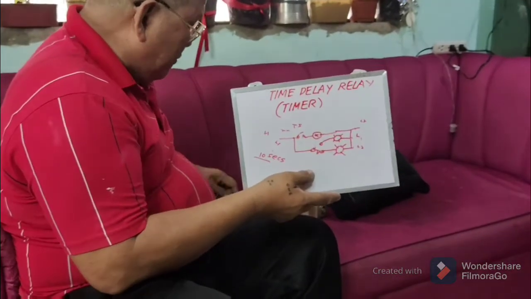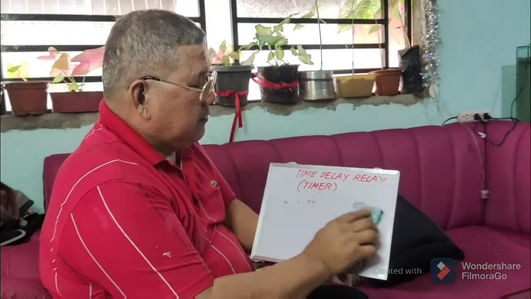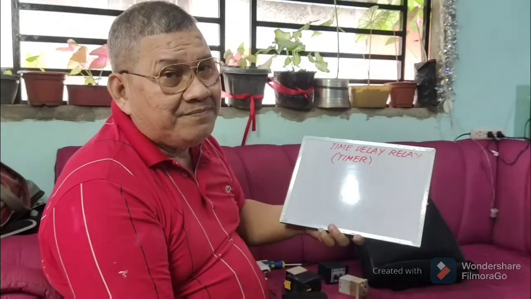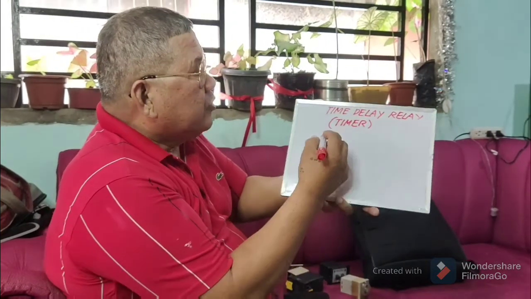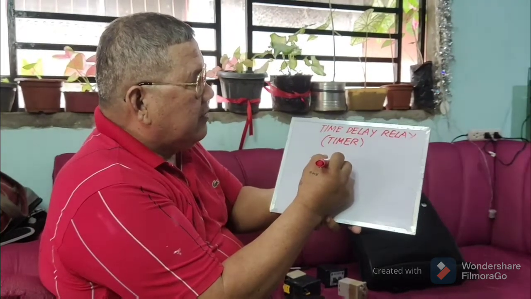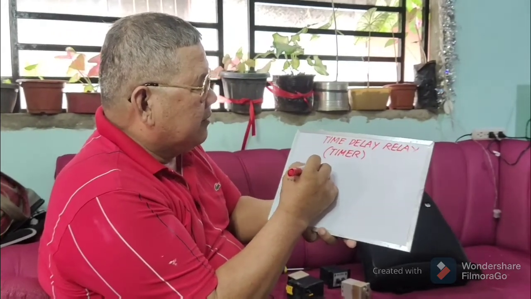Now I will give you a sample. Let us see. Okay. So you have your circuit here. Let us see a push button magnetic across the line starter. Like that.